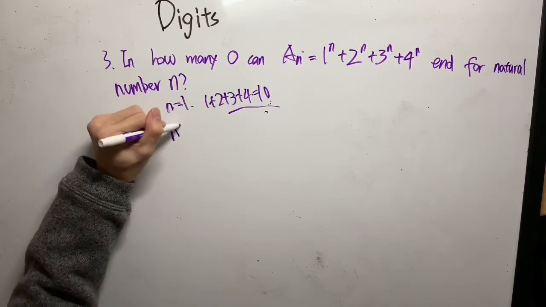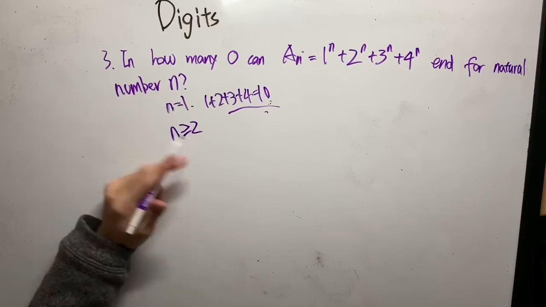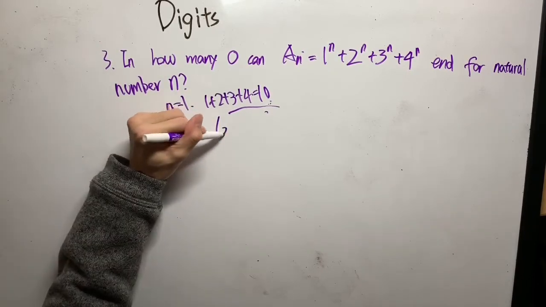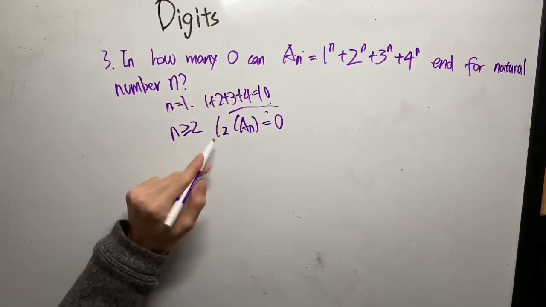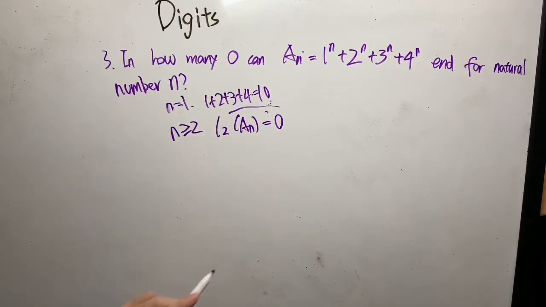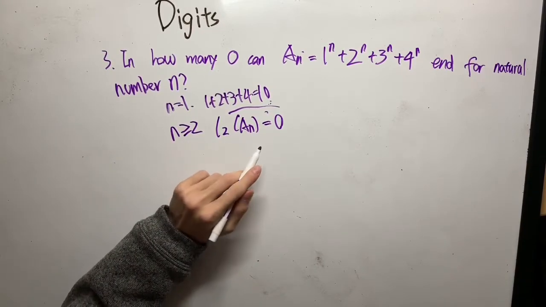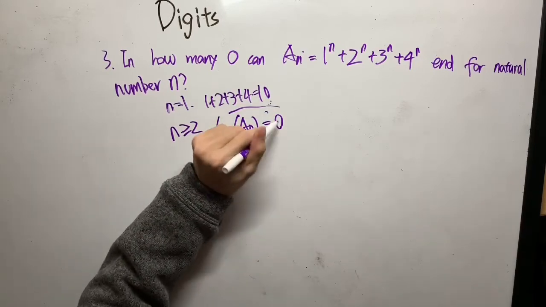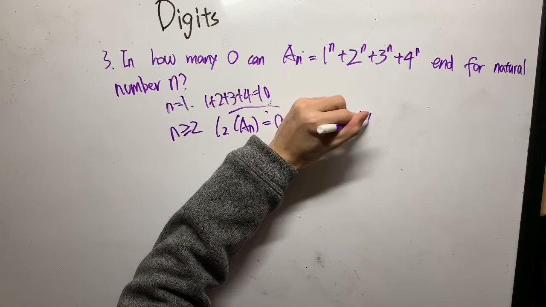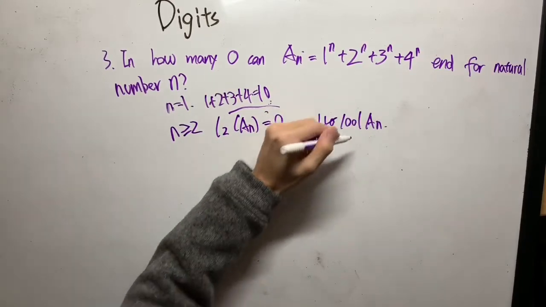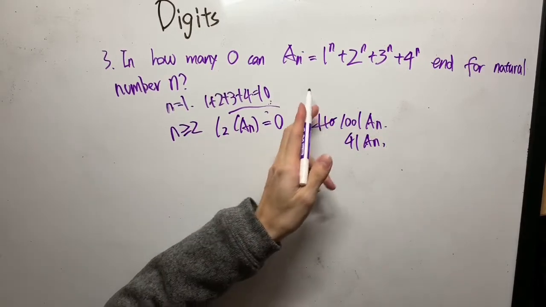Now if n is bigger than or equal to 2, let's test if L2 of a_n equals 0, which means the last two digits are 0. If the last two digits are 0, then we know that this number is divisible by 100. Then 4 divides a_n. Thus, let's check mod 4.